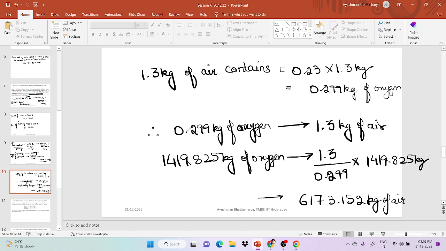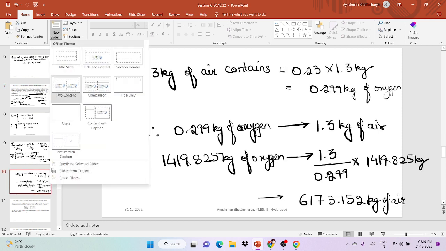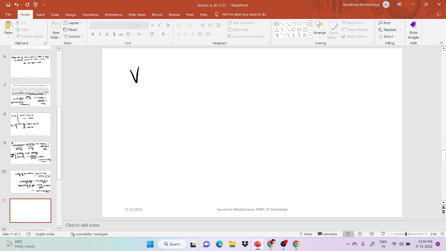Okay, so now this is what we have got in kg, and again the question has asked in meter cube per ton. So for this we have to find the volume of air. We know that density is equal to mass by volume, so volume will be mass upon density.